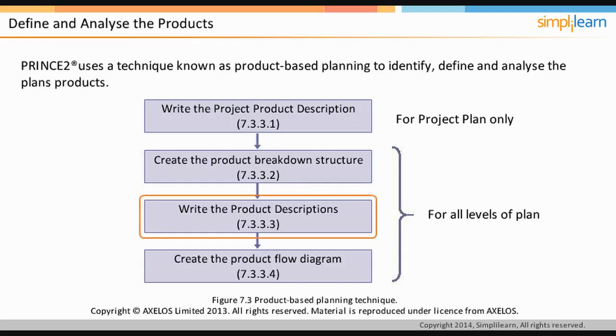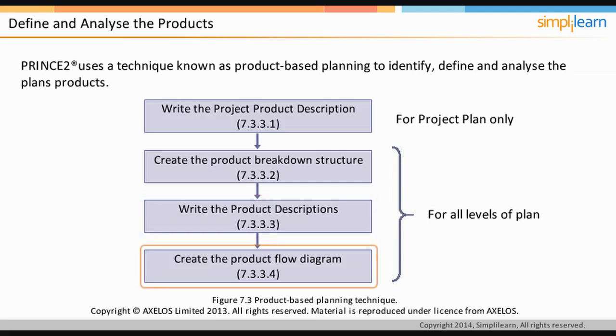The next step is to write the product descriptions, which is elaborating the intermediate deliverables of the project. The components of the intermediate deliverables can be better demonstrated graphically in the form of product flow diagrams. Hence, creating product flow diagram is the last step of this technique. Let's move on to the next step of PRINCE2 approach to plans.